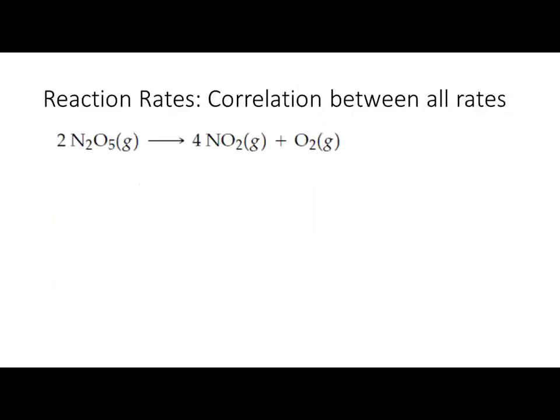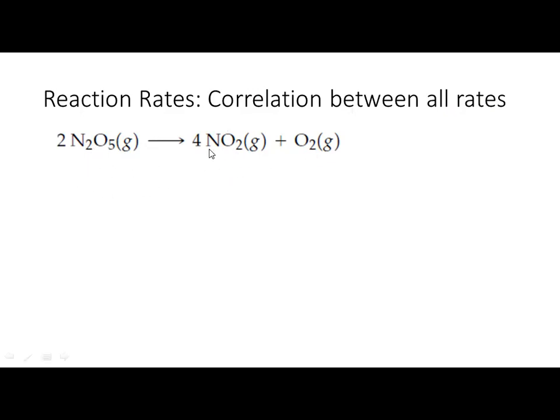So what we have decided right now, the rate of oxygen is 4 times less as compared to the nitrogen dioxide, and you can say the rate of formation of nitrogen dioxide is 4 times more as compared to the oxygen. How can you compare the rate of these two?